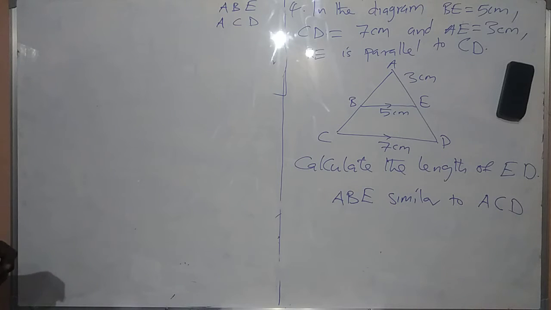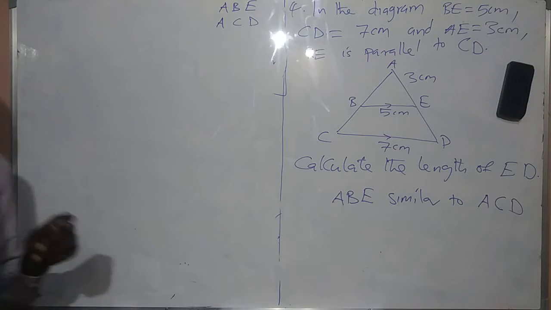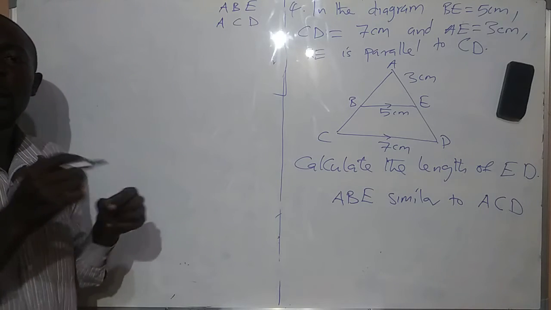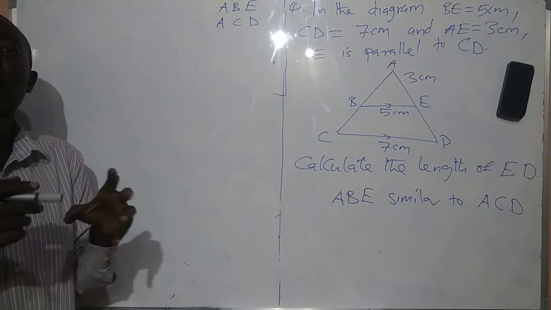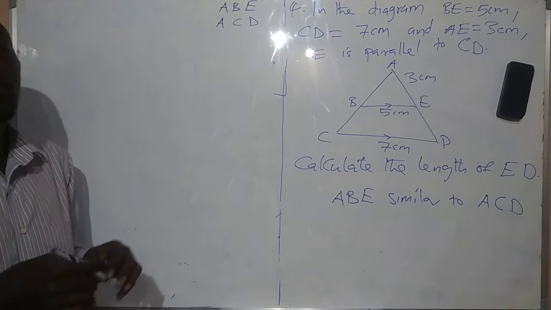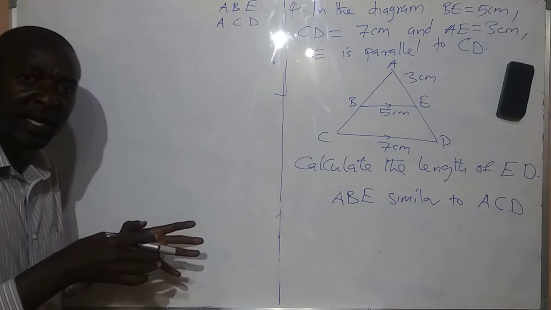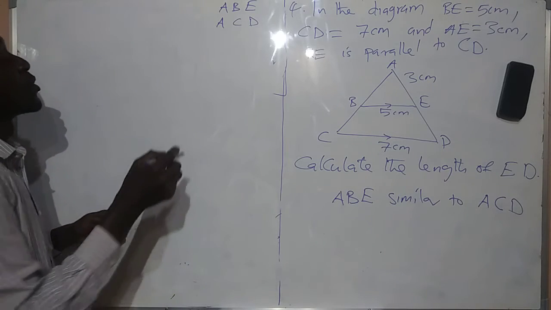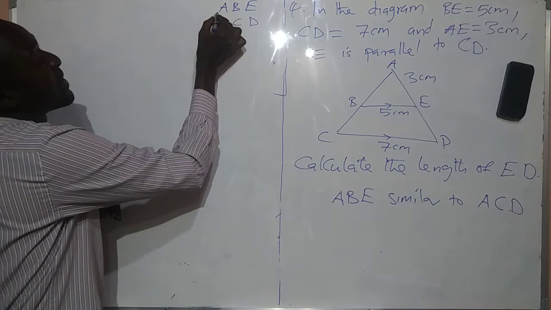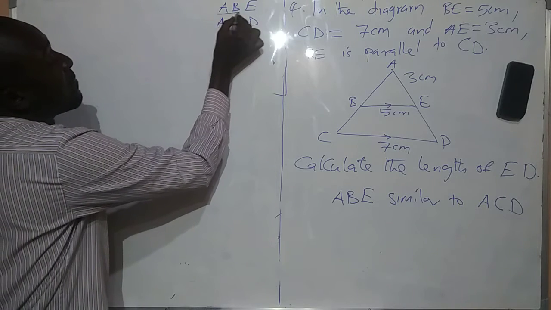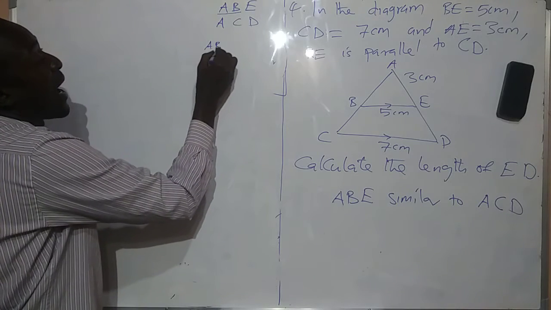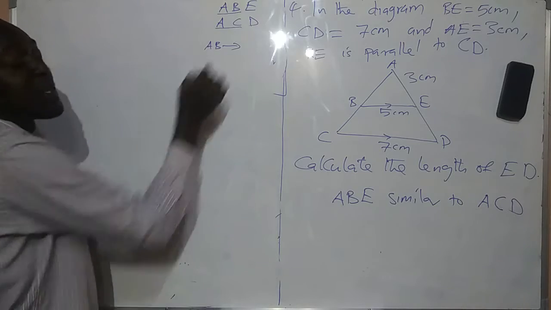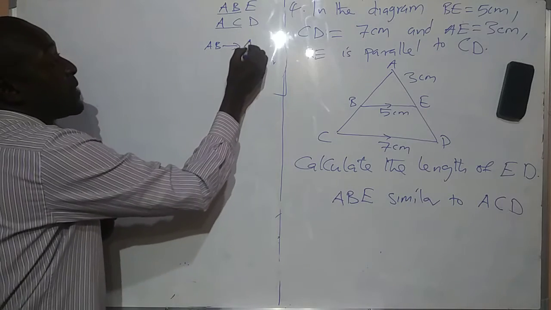Now, we are going to write down corresponding sides here. That is what you do when a question says 2 triangles are similar. I'll show you how to write them again so that you don't get confused. From the first triangle, the first 2 letters, AB, correspond to the first 2 letters of the next triangle, AC.